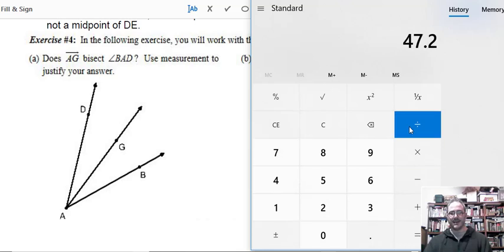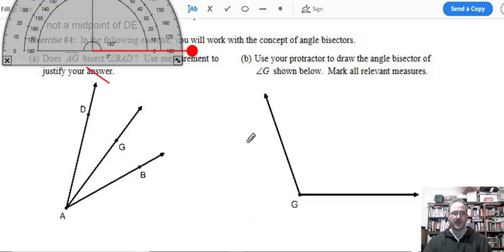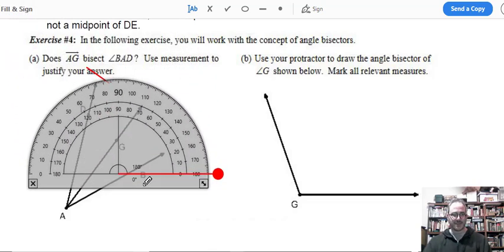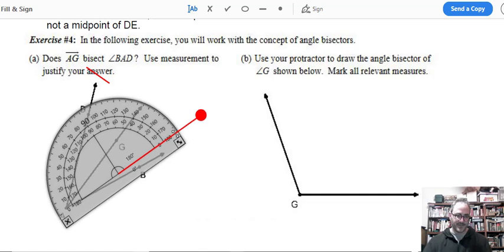Divide it by 2. 23.6. All right. So we will know that this is an angle bisector if we get 23.6 or something close to 23.6 angle measure out of these other two angles here.